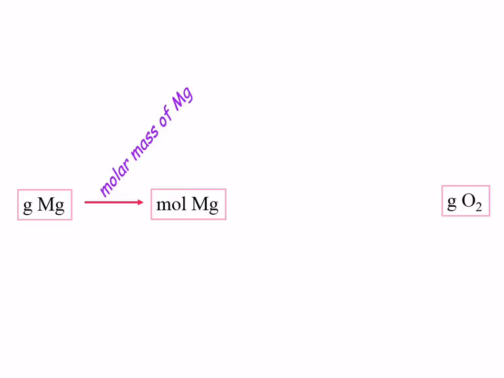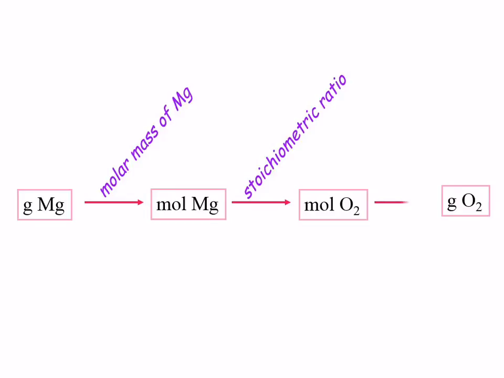And then once we have moles of magnesium, then we can do what we just did, a stoichiometric ratio. And that step right there is linking from one compound to the other compound, relative numbers of moles. But the problem didn't ask for you to end with moles of O2. We wanted to go to grams of O2. And we know how to do that. How do we do that? Molar mass of O2, exactly.